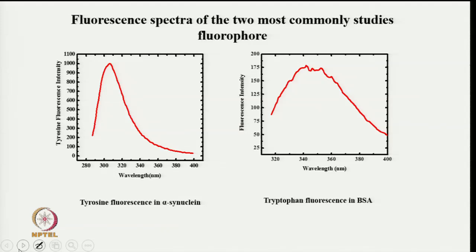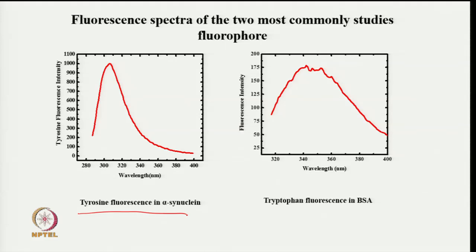One is tyrosine and another is tryptophan, and here I can show you the tyrosine fluorescence in alpha synuclein. When a protein does not have tryptophan, then you look at tyrosine, otherwise you look at tryptophan fluorescence, because tryptophan has higher quantum yield.